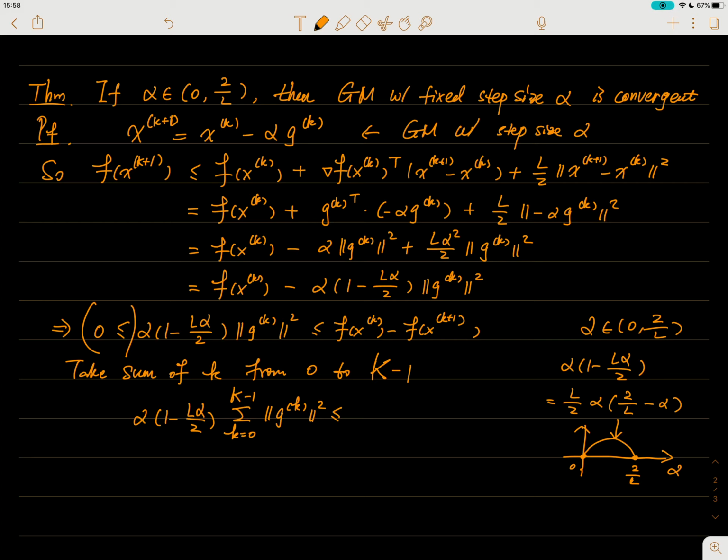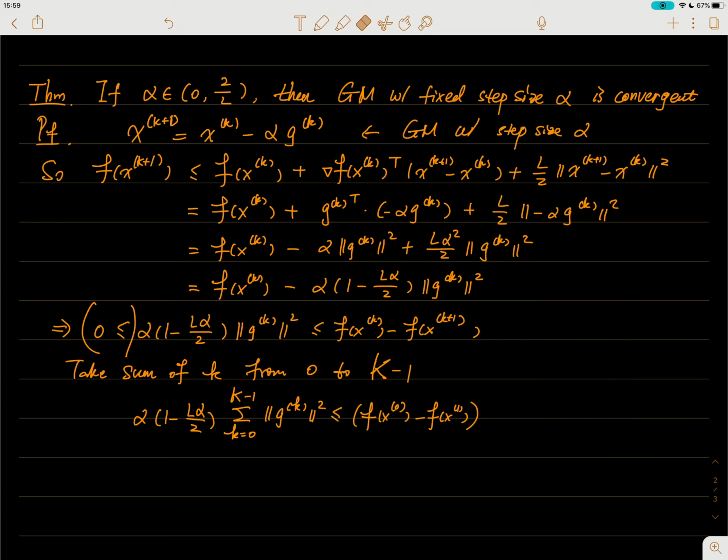So I just have f of x0 minus f of x1, plus f of x1 minus f of x2, which is the second term, and all the way to the last one, which is f of x(K minus 1) minus f of x capital K.